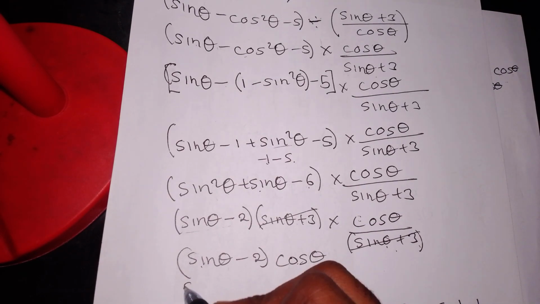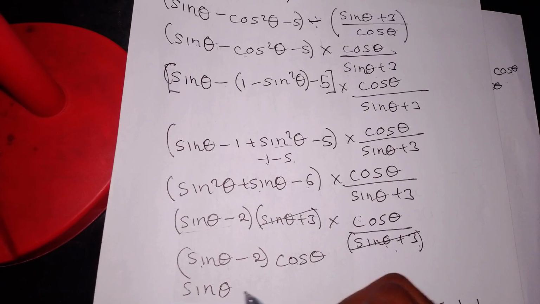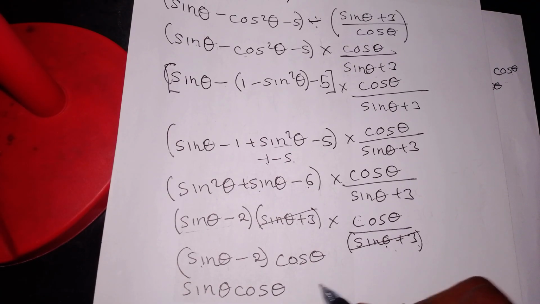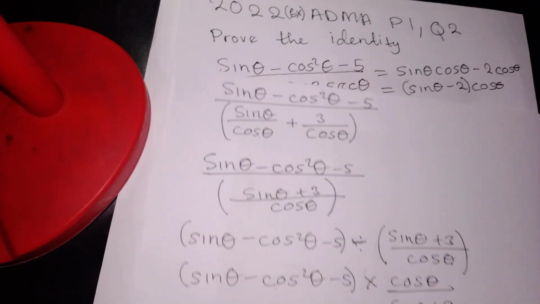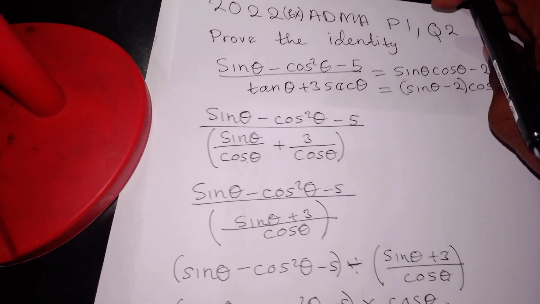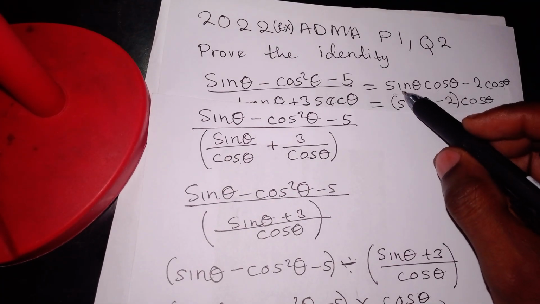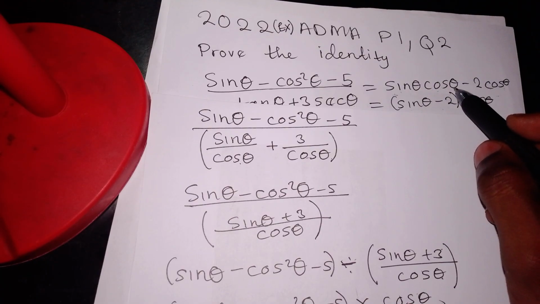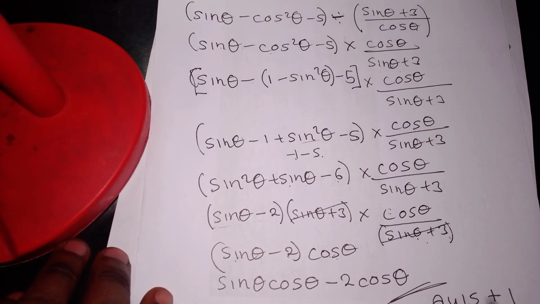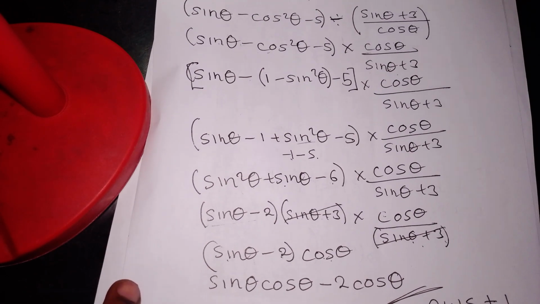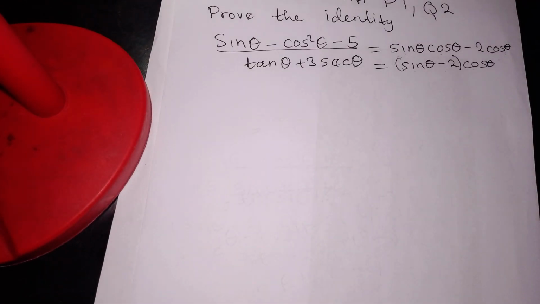So this times this is sine theta cos theta, and then minus this times this, you have 2 cos theta, and you're done. So this is what we started with. We had sine theta cos theta minus that, and we have verified the identity. We have actually proved that the identity is true in general.